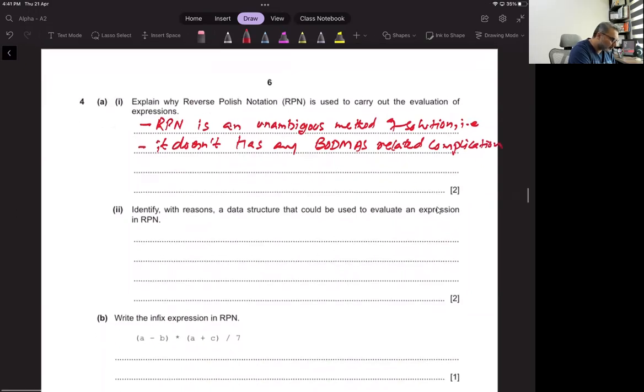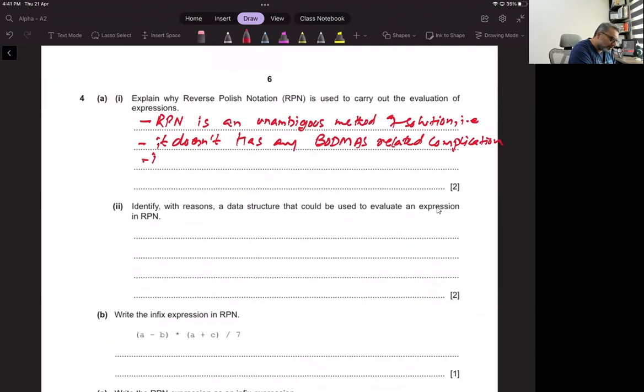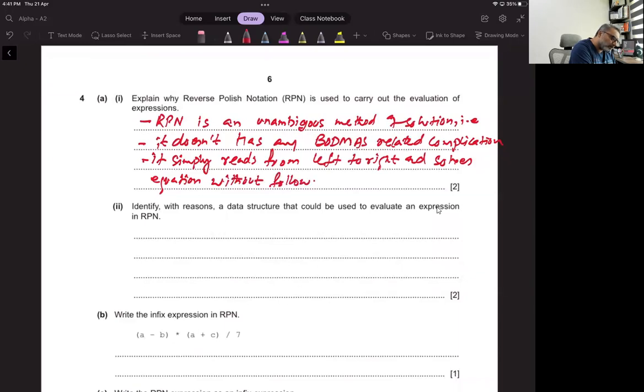It simply reads from left to right and solves the equation without following precedence rules. So it just goes through the statement from left to right and solves it.